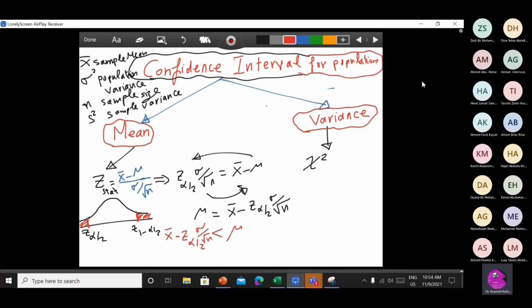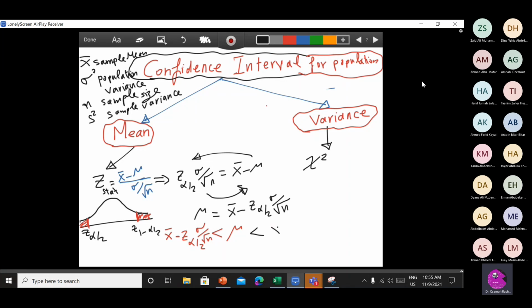All the notation, you know it already. n is the sample size, sigma is the standard deviation of the population, x bar is the mean of the sample, okay? Small n is the sample size. Z alpha over 2 is the value of z, and alpha is the level of significance, right? Alpha is the level of significance.